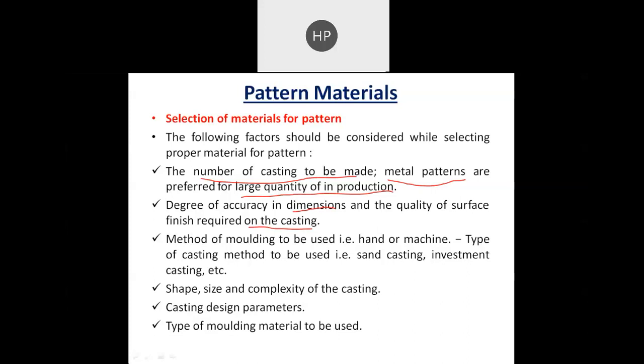Some materials do not give us a very smooth surface, and some do not give us an exact dimension tolerance. So depending upon what degree of accuracy and what surface finish we require, we can select the pattern material.